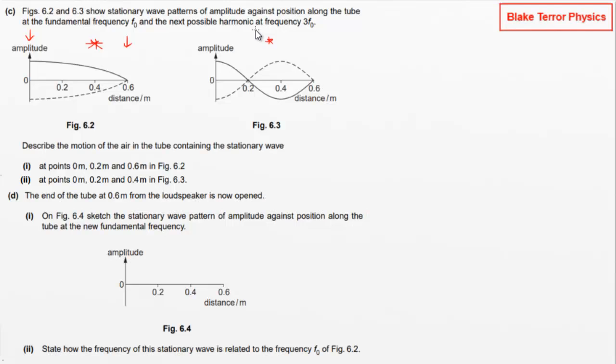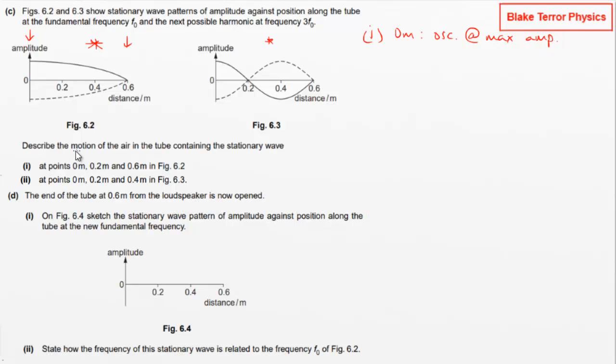Right, so one for each tube then at 0 meters, 0.2, 0.6. Right, so for figure 6.2, at 0 meters, we want to say that they're oscillating at maximum amplitude because it's an antinode.